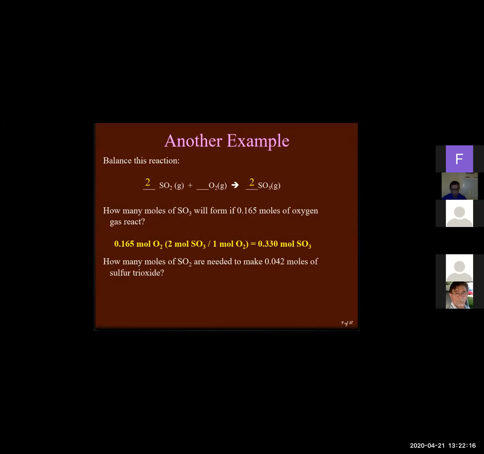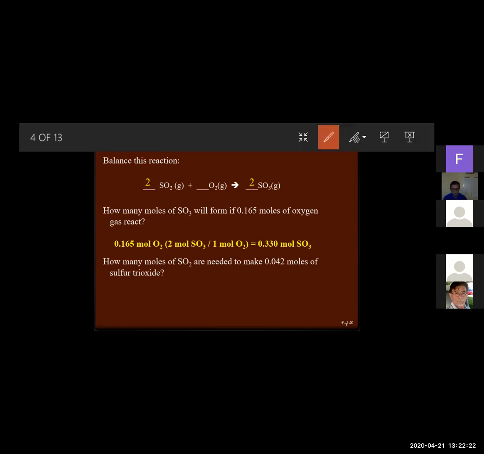Anyway, we're looking at this one here, and they're asking us how many moles of SO2 are needed to make 0.042 moles of sulfur trioxide. So we're only concerned about sulfur trioxide and sulfur dioxide.